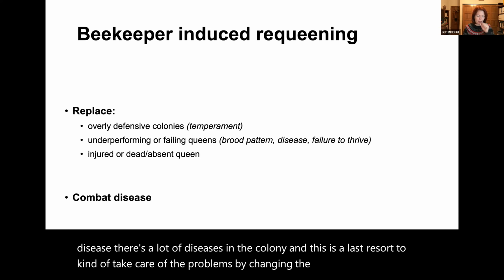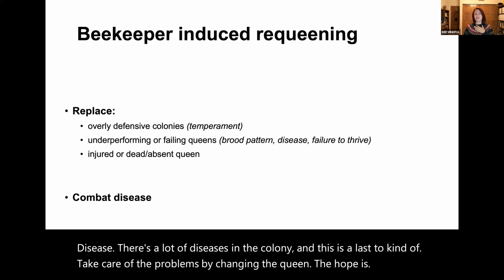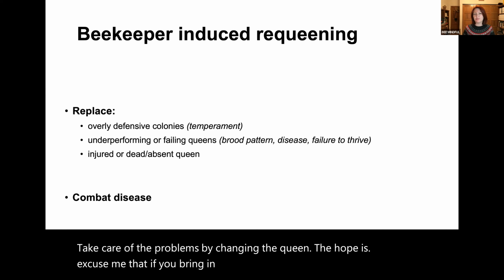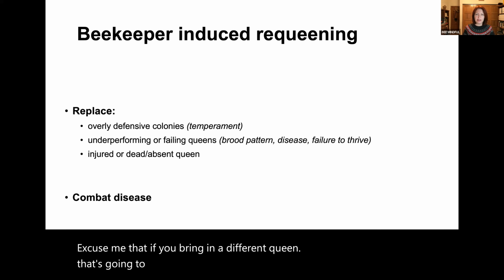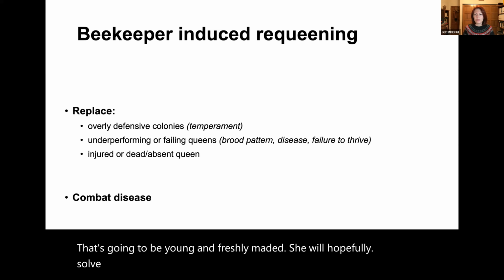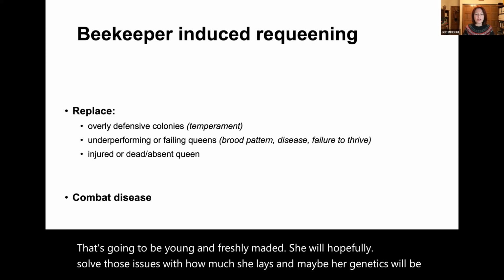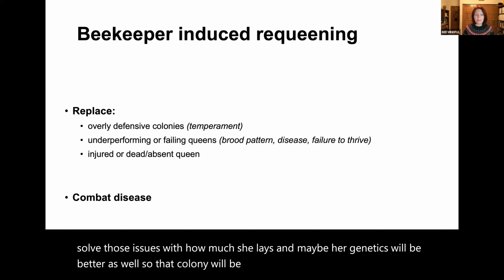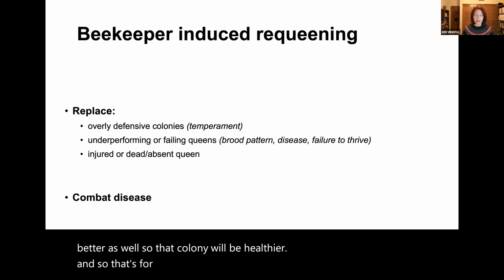The hope is that if you bring in a different queen that's going to be young and freshly mated, she will hopefully solve those issues with how much she lays, and maybe her genetics will be better as well, so that colony will be healthier. And so that's for underperforming or failing queens. That's another reason to requeen.